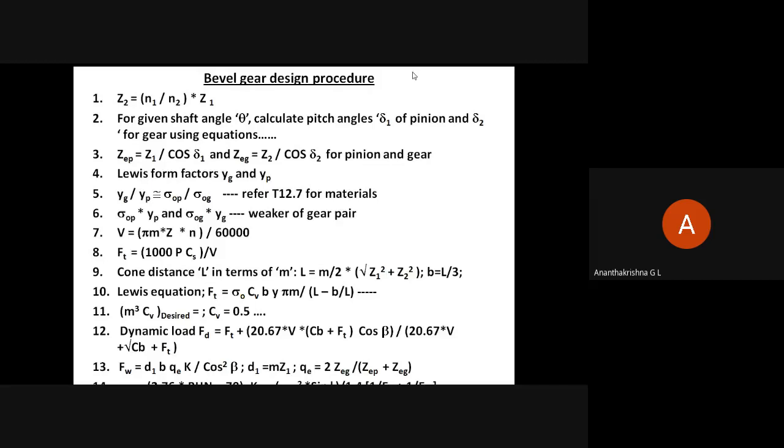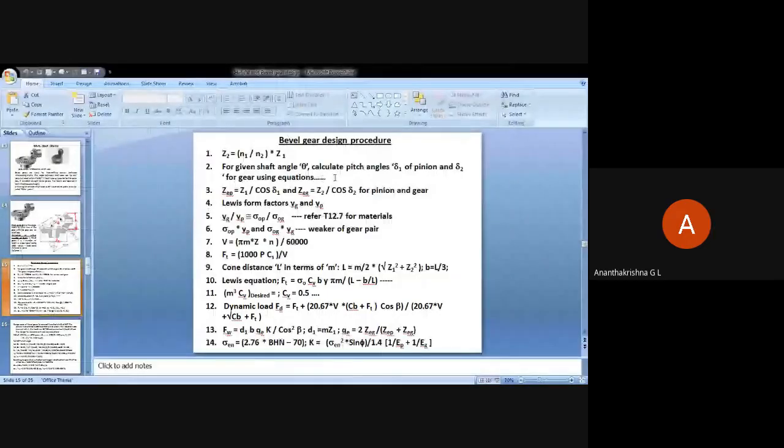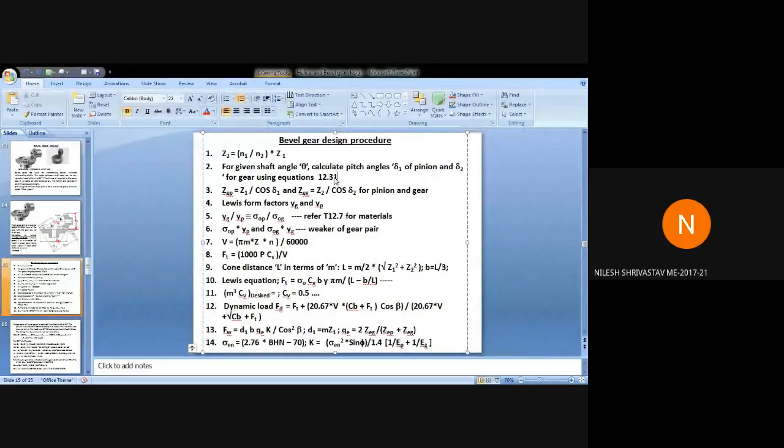What are the equation numbers? 12.31, sir, page number 217. 12.31 is for obtuse angle bevel gear. What about acute and 90 degrees and other things?